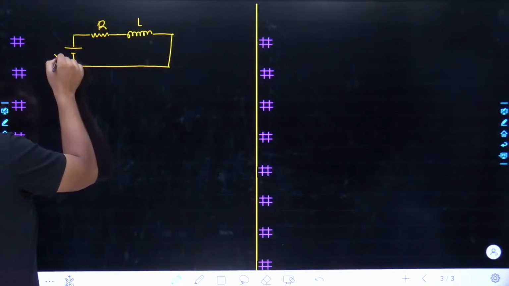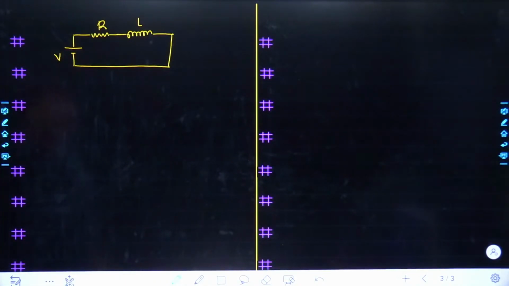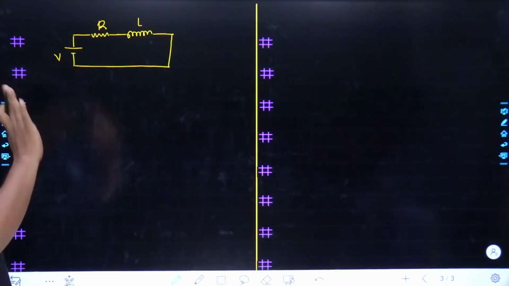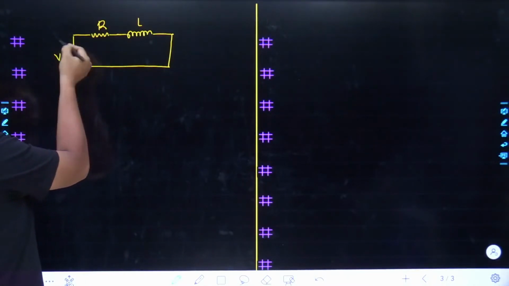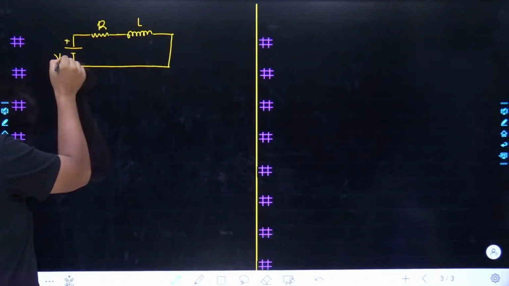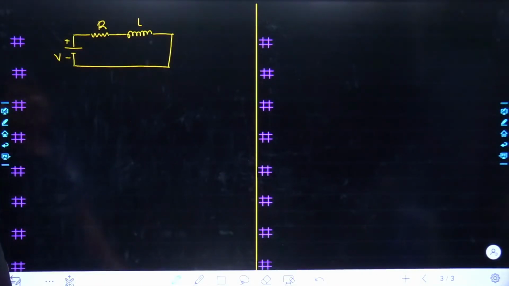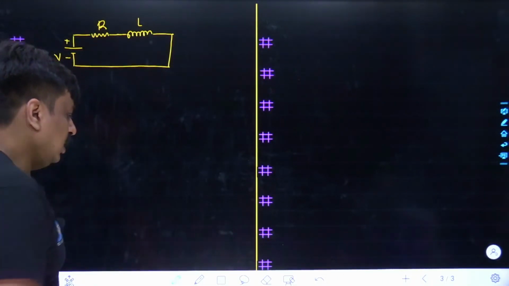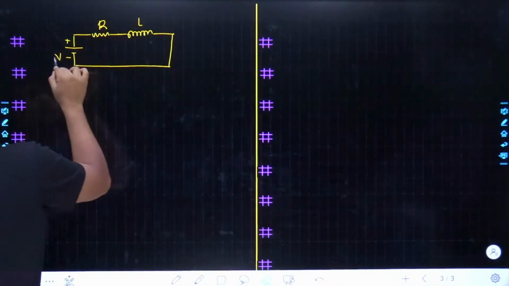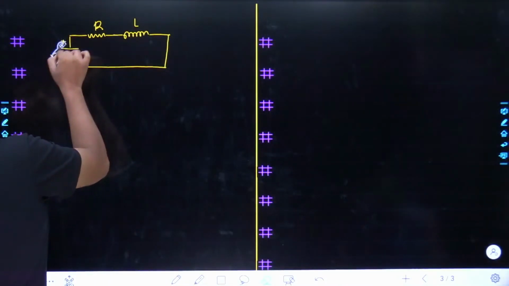Let's take the voltage as V. I'm not saying it's a DC voltage. I'm saying it is a time varying voltage V of t, but just for better understanding, I have taken its polarity upside positive, downside negative. But otherwise, you could have taken this problem in this form.